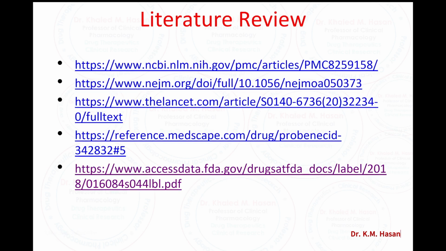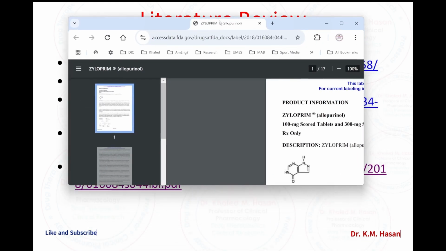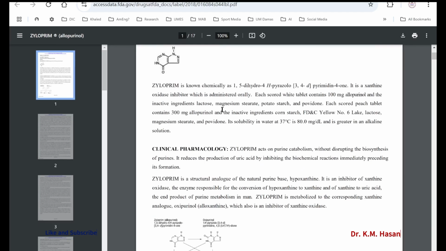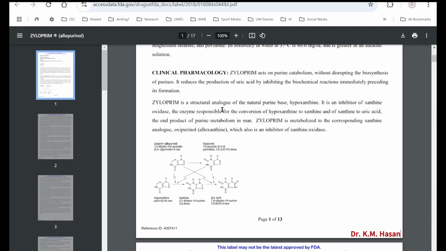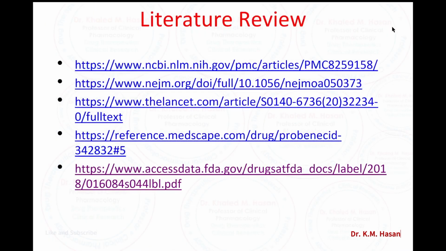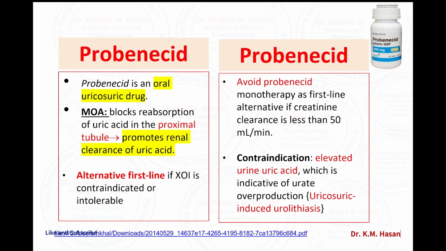Here you can see the allopurinol drug information, 17 pages on allopurinol, Zolobrim 100 milligram tablet, also available as a 300 milligram tablet. We can read everything about the medication Zolobrim, allopurinol.